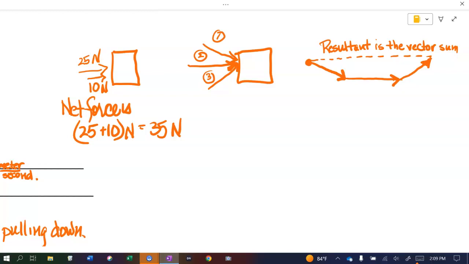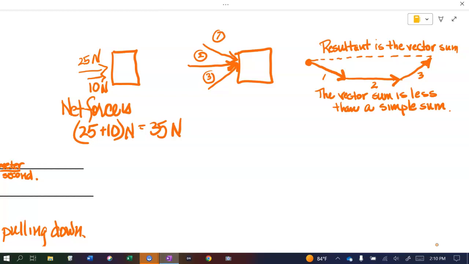And we can see that instead of the sum being however long 1 is, plus however long 2 is, plus however long 3 is, the fact that they had different angles means that the vector sum is less than a simple sum, because they're not all going in the same direction.